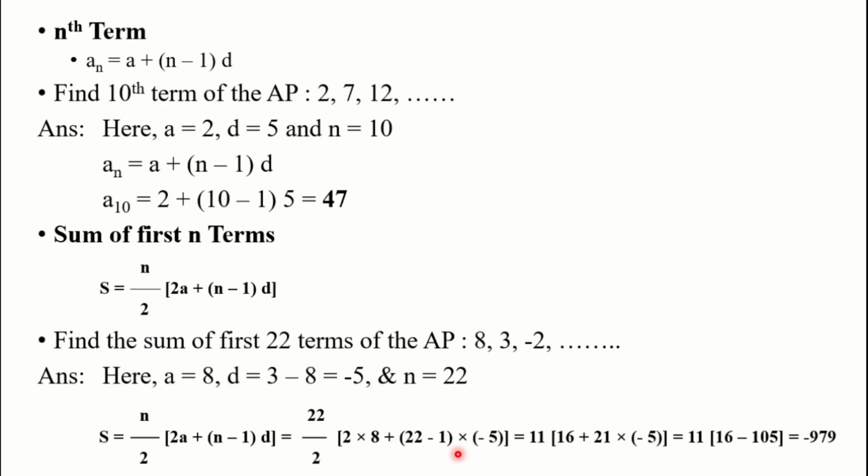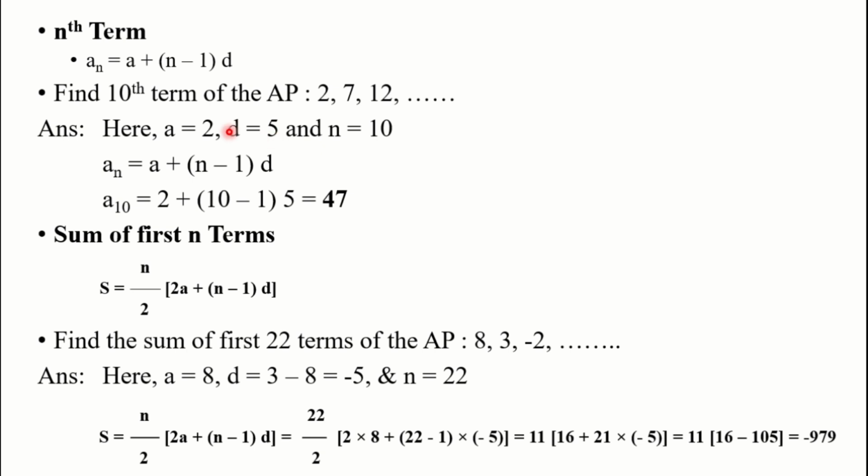Another type of example is finding the nth term. How can we find the nth term? With the help of this formula: an is equal to a plus n minus 1 times d. For example, find the 10th term of the arithmetic progression 2, 7, 12. What is given? The first term is 2. We find the difference between a term and its preceding term: 7 minus 2 is 5, 12 minus 7 is 5, so d is 5.